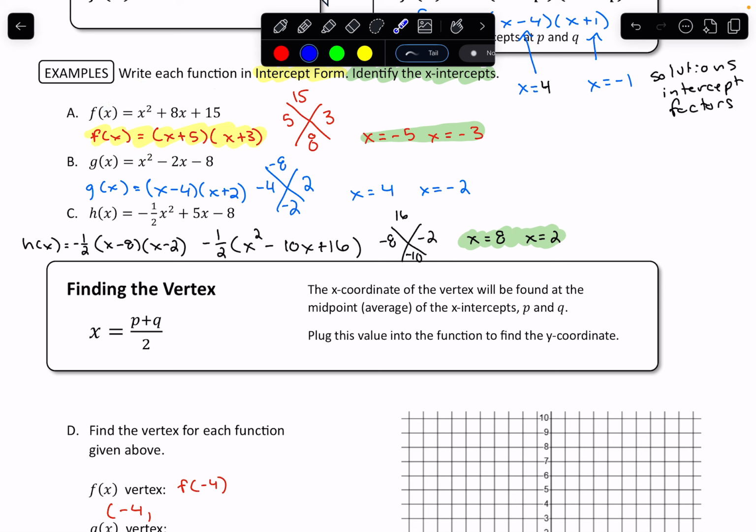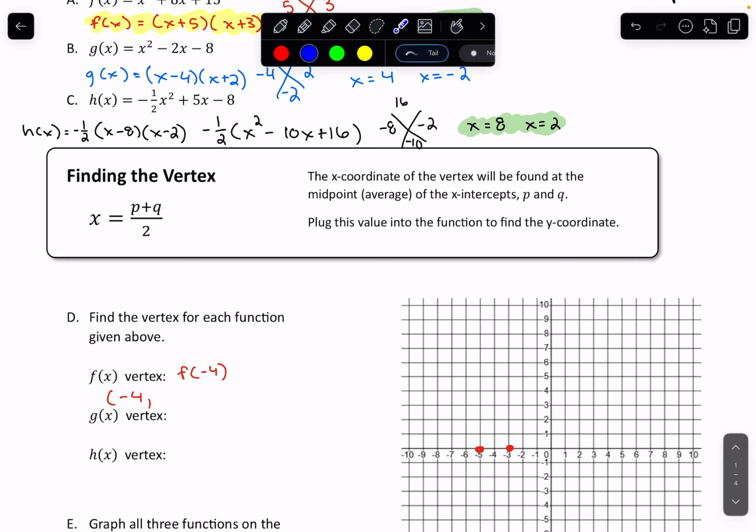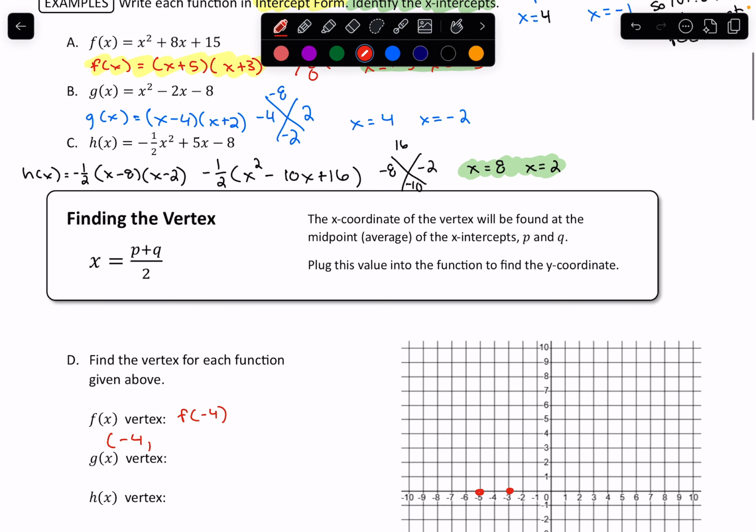So I want to plug -4 in here, and it's going to give me the y value. So I put it in my calculator, and if I was doing this at home, in my calculator, everywhere I see an x, I would replace it with a -4. So I've got -4 squared plus 8 times (-4) plus 15.